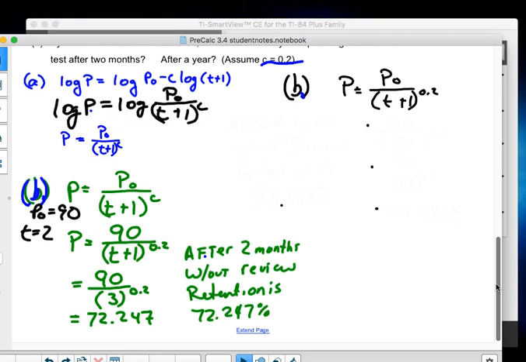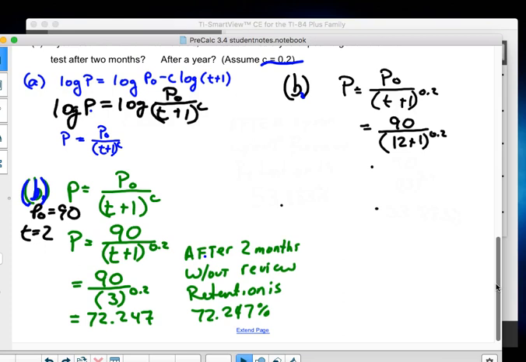Now, let's assume that you decided, nah, I'm not going to take the test today, because taking the test today would be reviewing. We're going to take it 10 months later. So now our T is 12 months. If I were to do it 12 months out, for the first time, because I wasn't there for the first review, I then evaluate 13 raised to the 0.2 power.